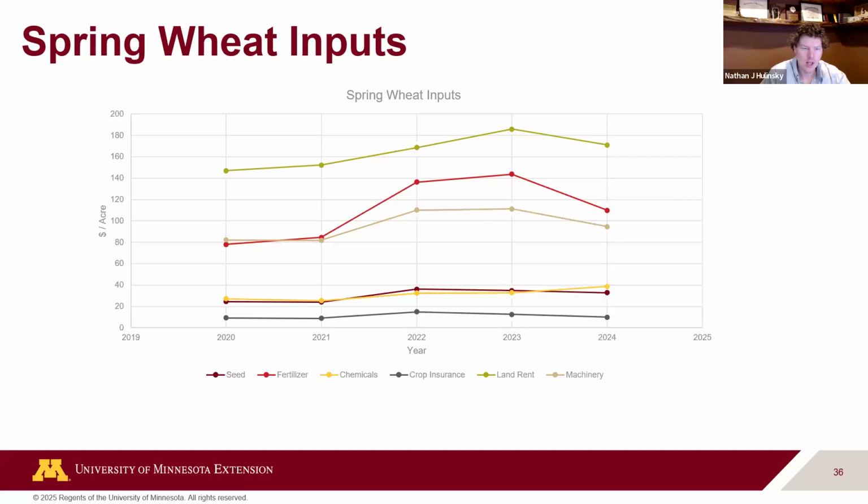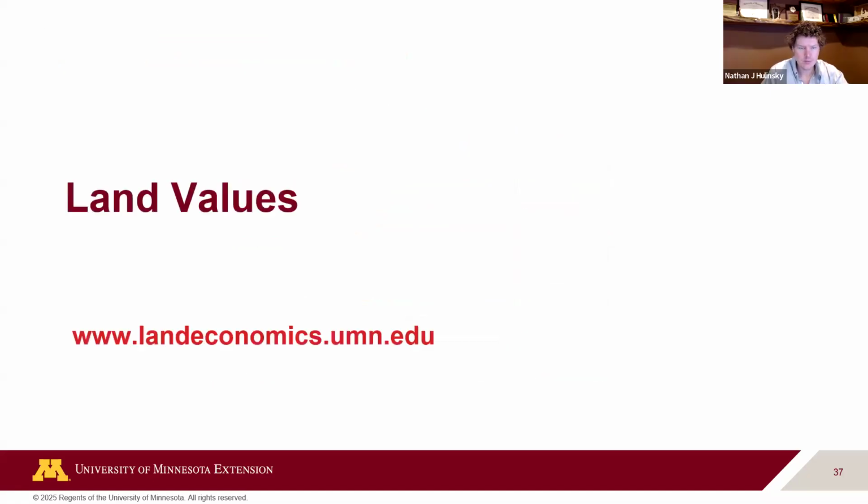Same graph with spring wheat. And again, land rent is the most expensive input that farmers have. Fertilizer and machinery are the next two most expensive inputs there, with chemicals, crop insurance, and seed being on the cheaper side of inputs for spring wheat.